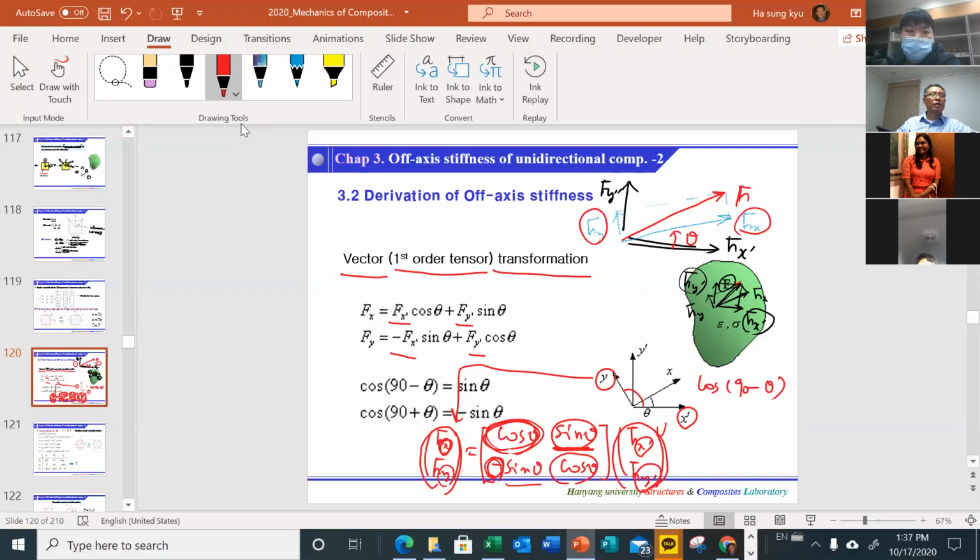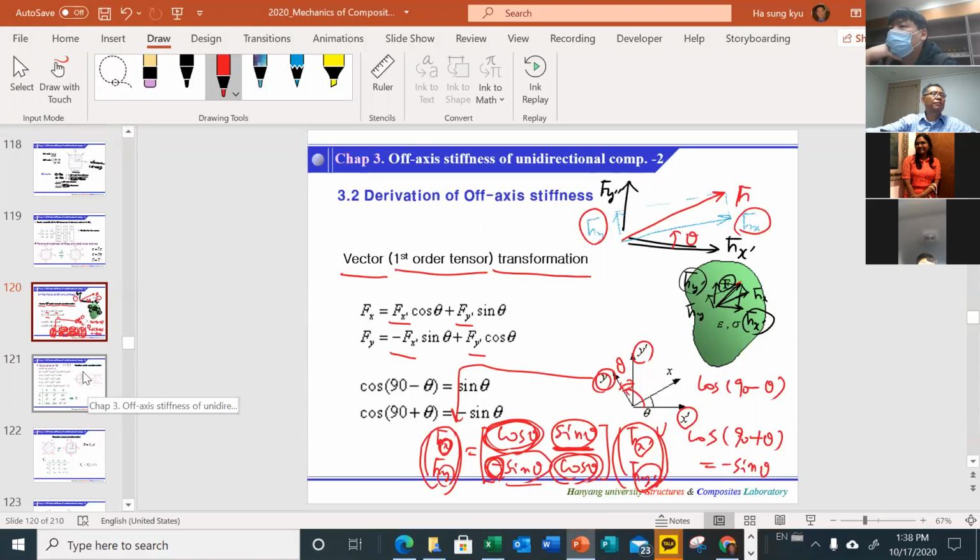So the angle will be 90 plus theta, and the cosine of this is always minus sine theta. That's why we have a minus sine theta. And for y and y prime, of course, the angle is theta, so it will be the cosine theta. So cosine, sine, minus sine, and cosine theta are the components we need to understand.